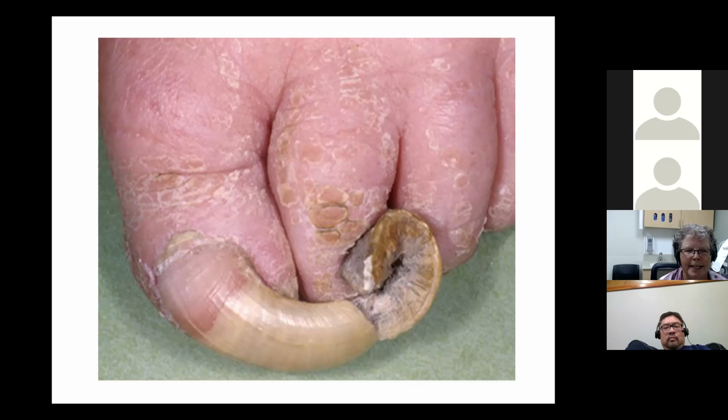And a lot of times if there's an ingrown toenail, particularly with something like a granuloma, there's going to be a little bit of bacterial load involved. And so I'm not a big fan of putting topical steroids in potential bacterial infection sites. So I've not seen it help much.